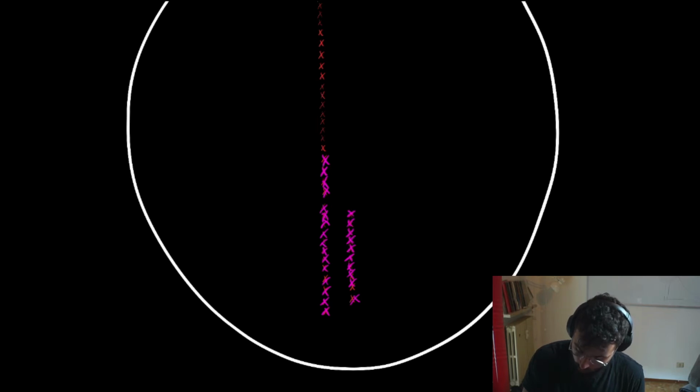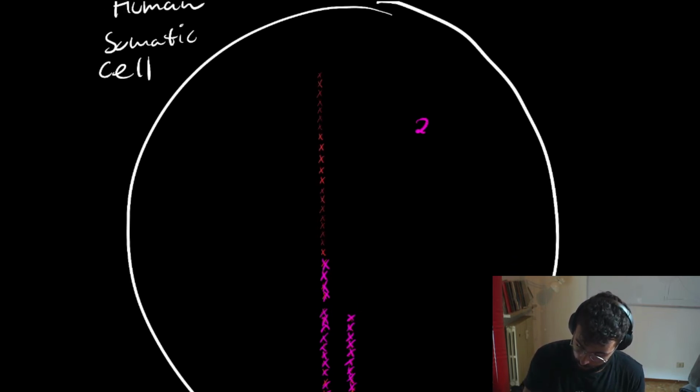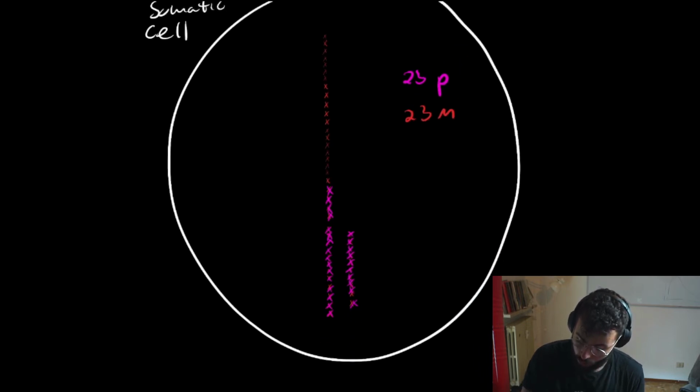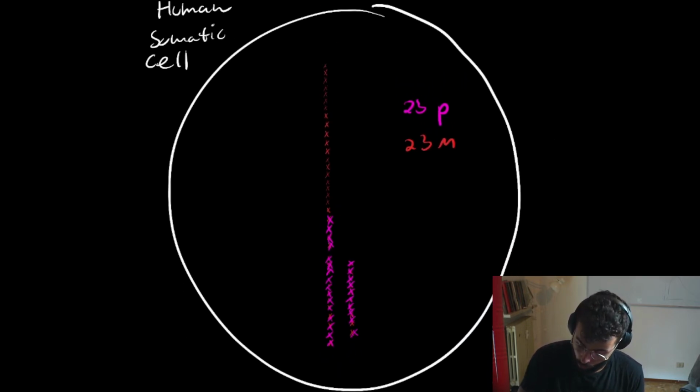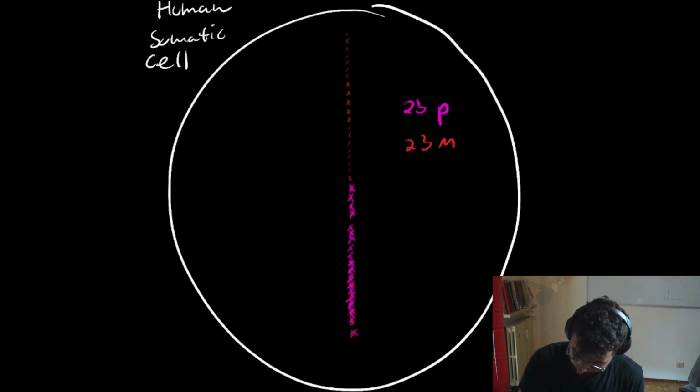So what do we have now? We have 23 paternal chromosomes, we have 23 maternal chromosomes, and during the metaphase, all of them are going to come together and align on the same plate.